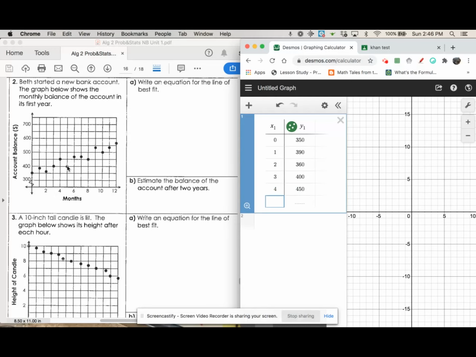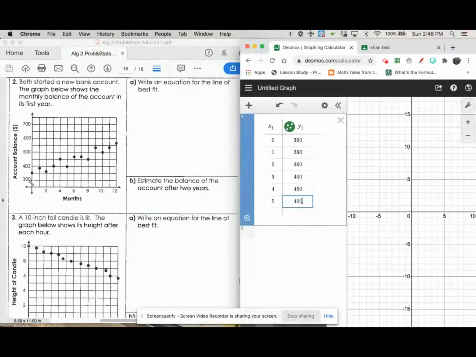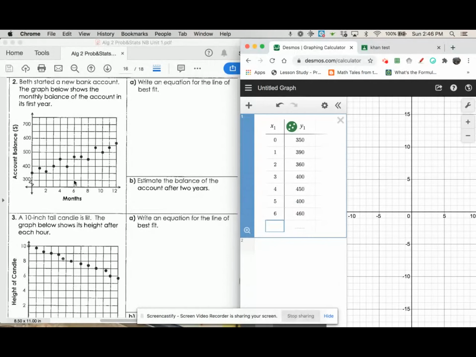And I have a 5 and 400. Next point is 6, and it's right at, I don't know, 460 it looks like. So 6, 460. Next point is 7, still looks like 460.